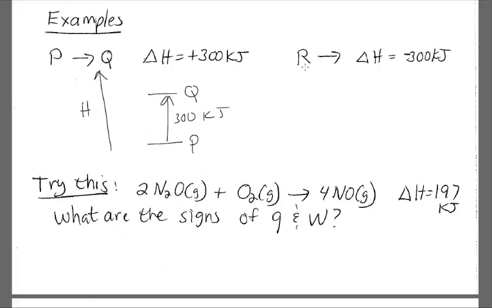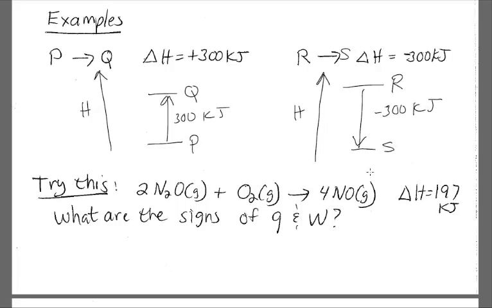We can look at another reaction, R going to something we'll call S, and the delta H for that is a negative 300. So that would be a situation in which R is higher in enthalpy than S, and when the reaction occurs, you go down 300 kilojoules.